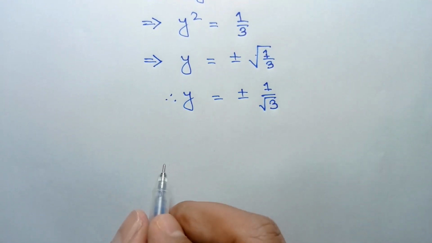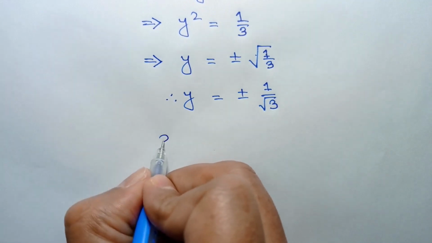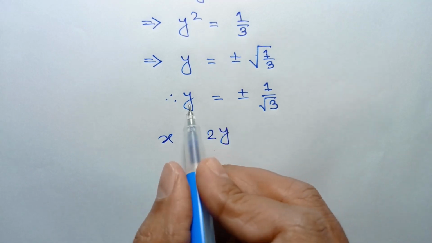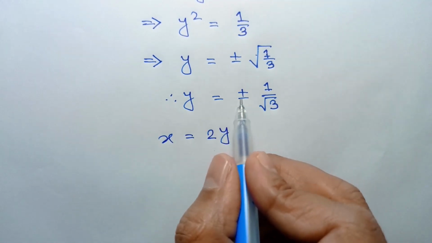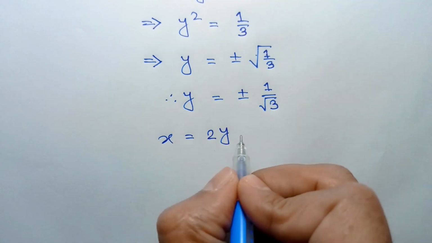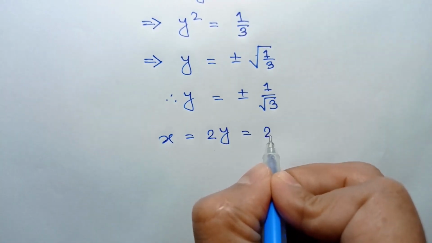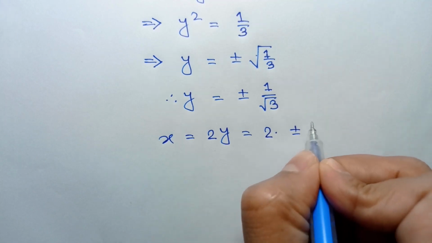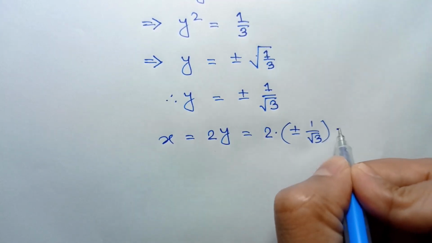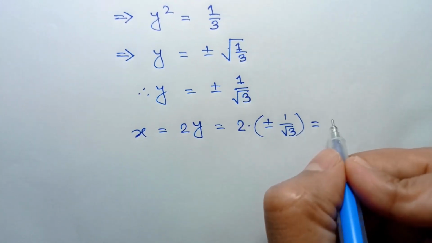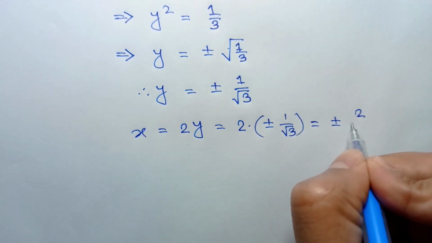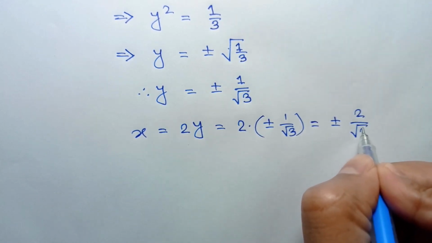Now from equation 5, x is equal to twice y, and substituting the value of y is equal to plus or minus 1 over root 3, we can write 2 times plus or minus 1 over root 3 is equal to plus or minus 2 times 1 is 2 over square root of 3.